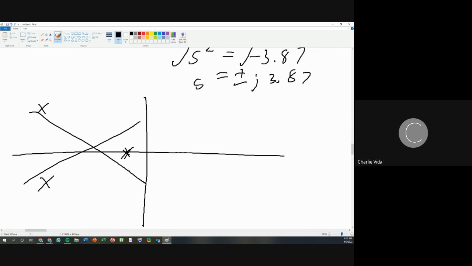I'm just not going to draw that in. So this is at J5, and this one is at -J5. Over here, it's going to hit the imaginary axis at around here, which is -3.87. And over here, positive 3.87 J, of course. It's going to hit the imaginary axis here.